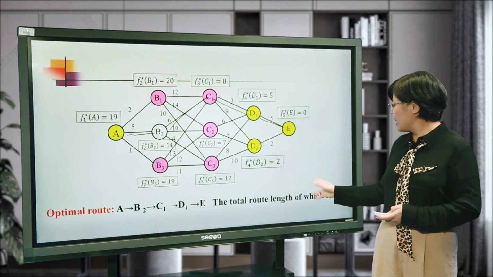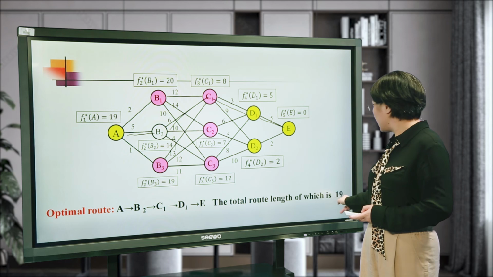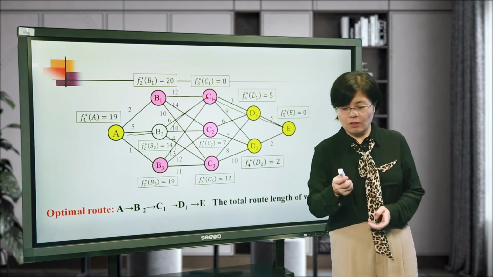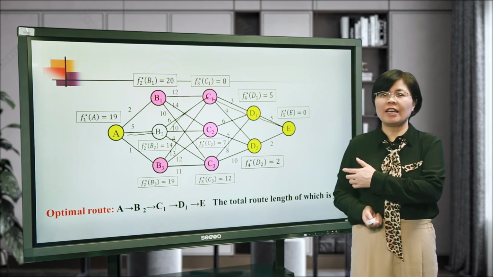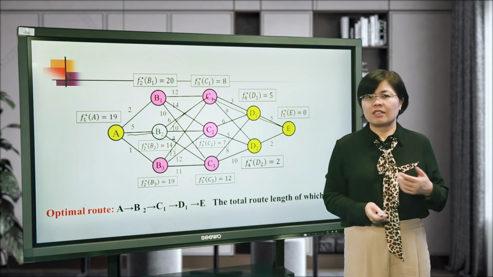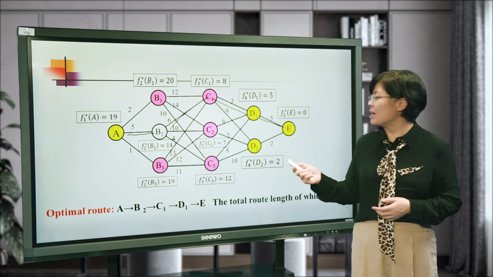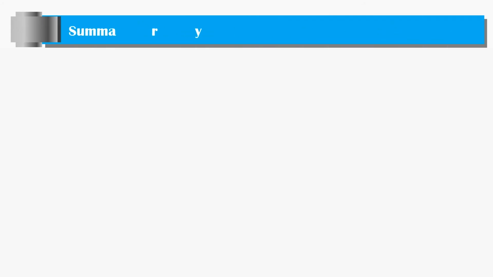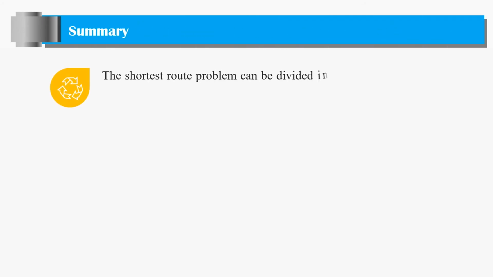The total route length of which is 19. Of course, it's shorter than what we got with the short-sighted method.